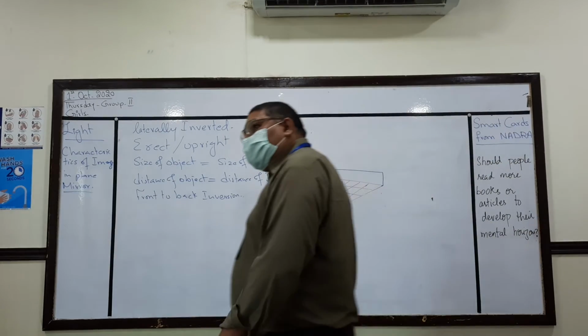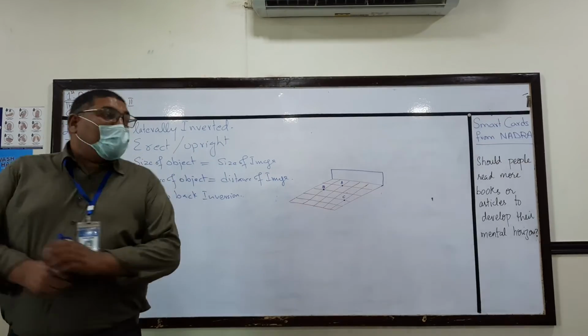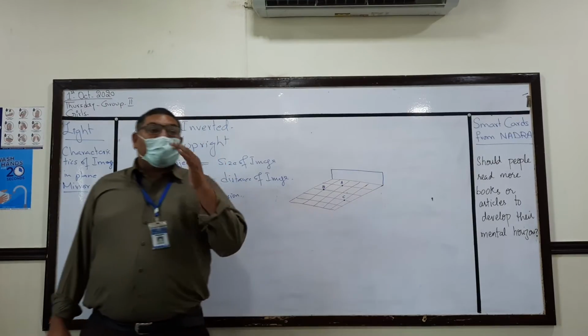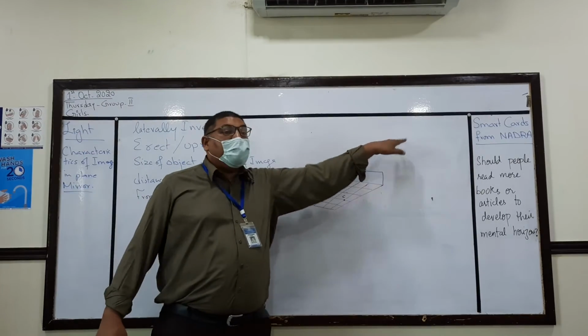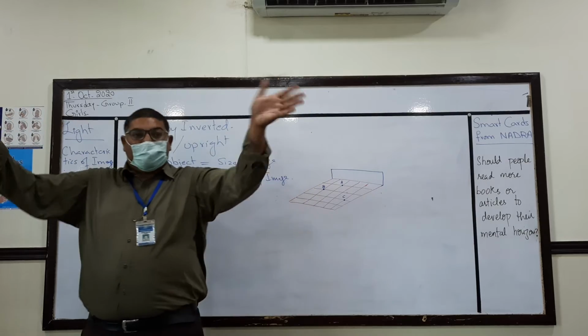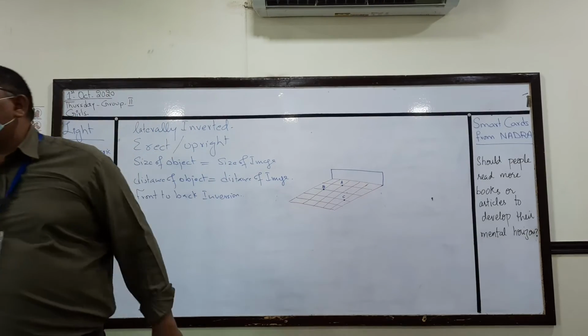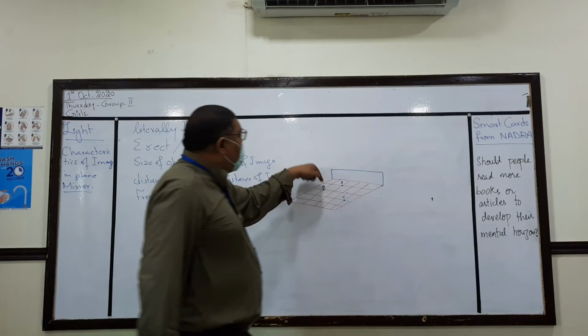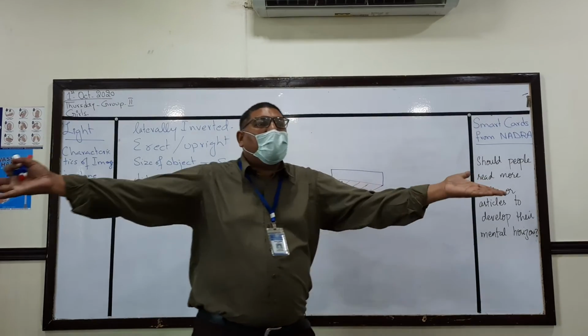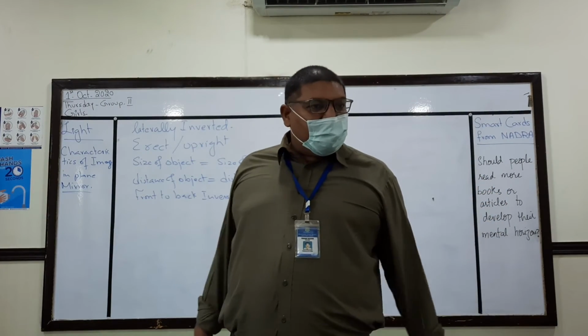For example, here, when you look at the image of A, you find that 1 centimeter behind the mirror there is image of A. When you look through the mirror. But if you actually go behind the mirror, there will be nothing, there will be no image.